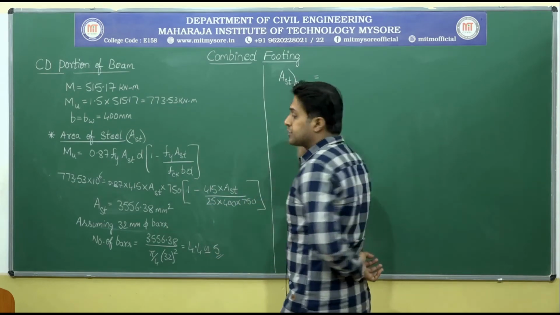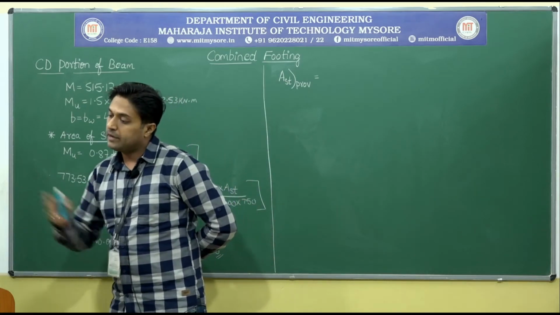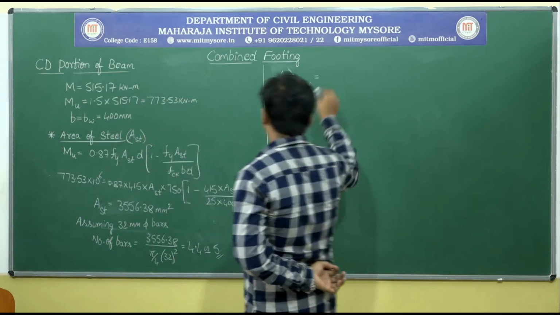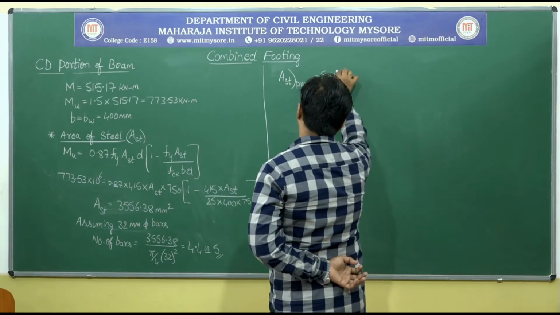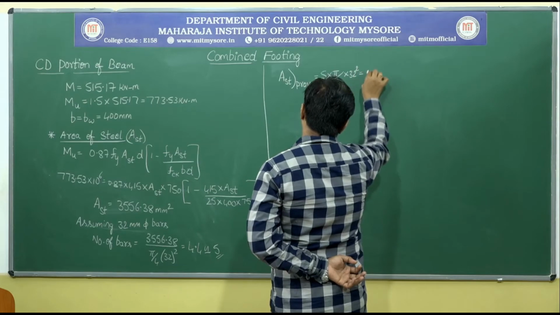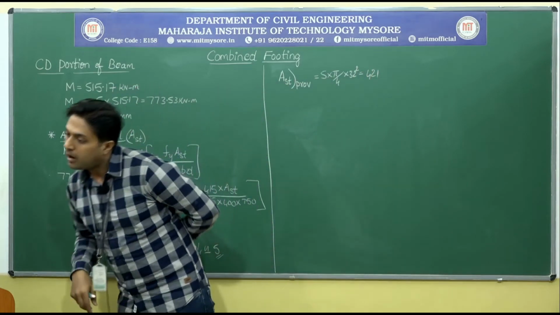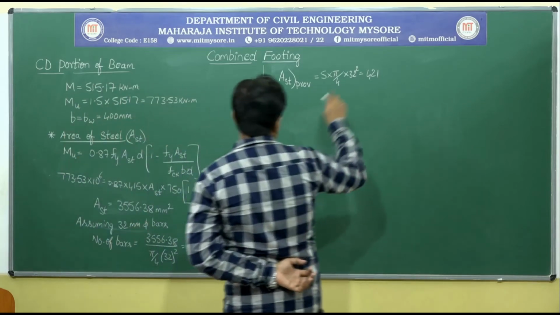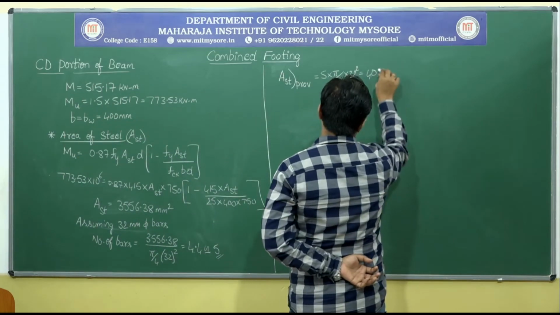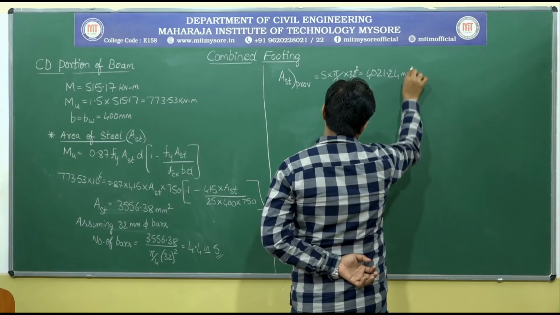We'll calculate. The value of Ast provided is 5 numbers of pi by 4 into 32 square. So the value that we are getting is 4021.24 mm square.